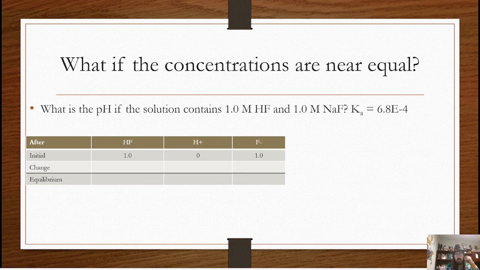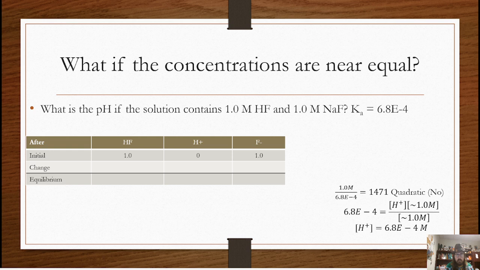So with that in mind, we're still going to get some dissociation. So it's still going to be minus X and plus X on the right. And so we set that up, essentially 1 minus X and 1 plus X, those X's are going to be so small that they're negligible. And so it simplifies so that it's 6.8 times 10 to the negative fourth.